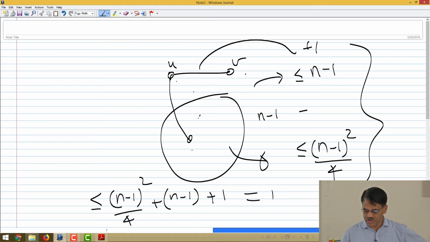Let us do n square by 4 minus n by 2 plus n, plus n by 2, minus 1, sorry, plus 4. So plus 1, this cancels, and there is plus 1, so it is actually plus 1 by 4.